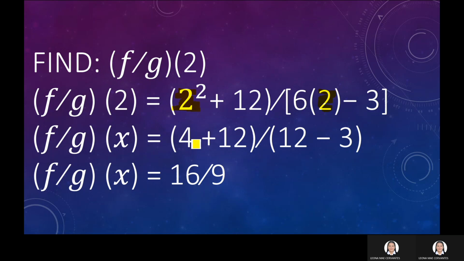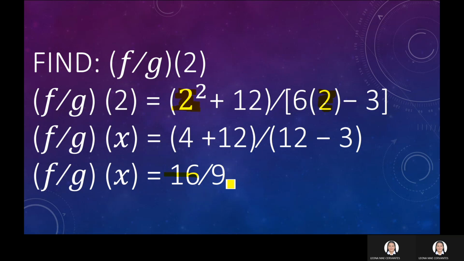So we have 4 plus 12 is equal to 16. And 12 minus 3 is equal to 9. So if x is equal to 2, then f divided by g of x is equal to 16 over 9.